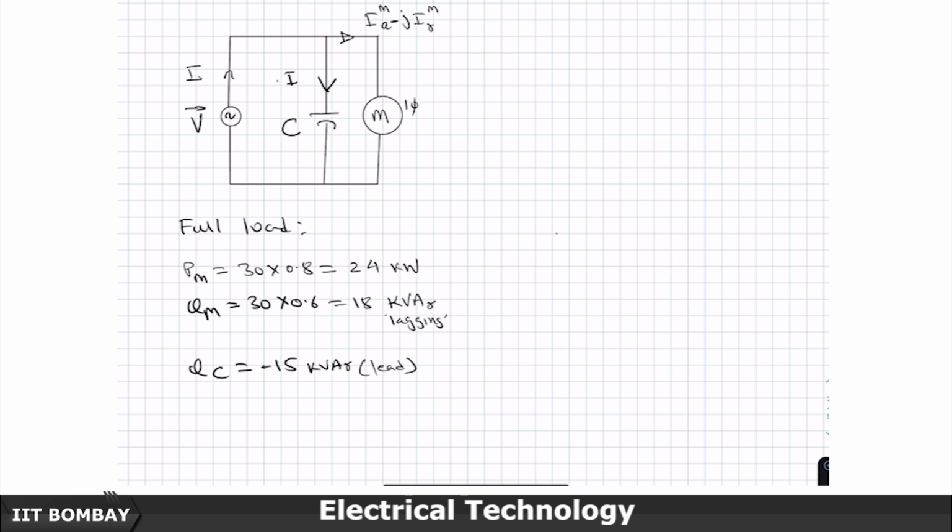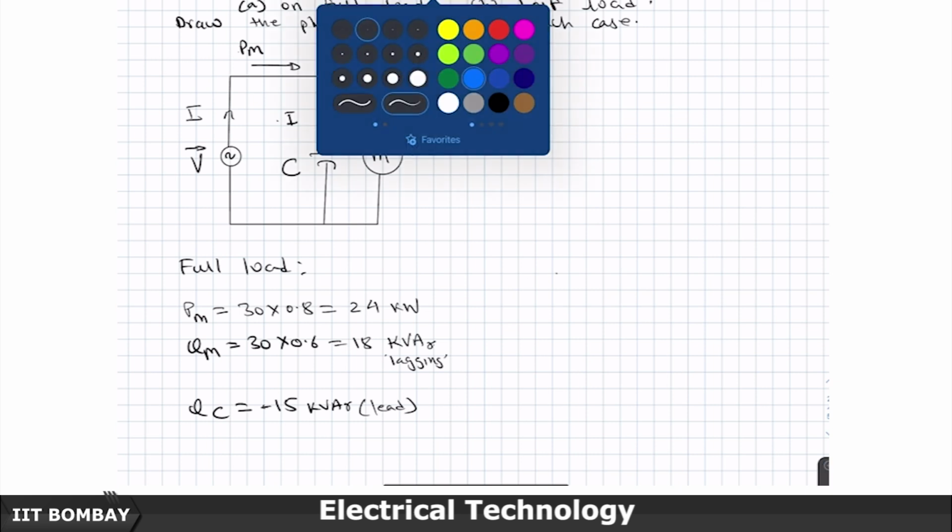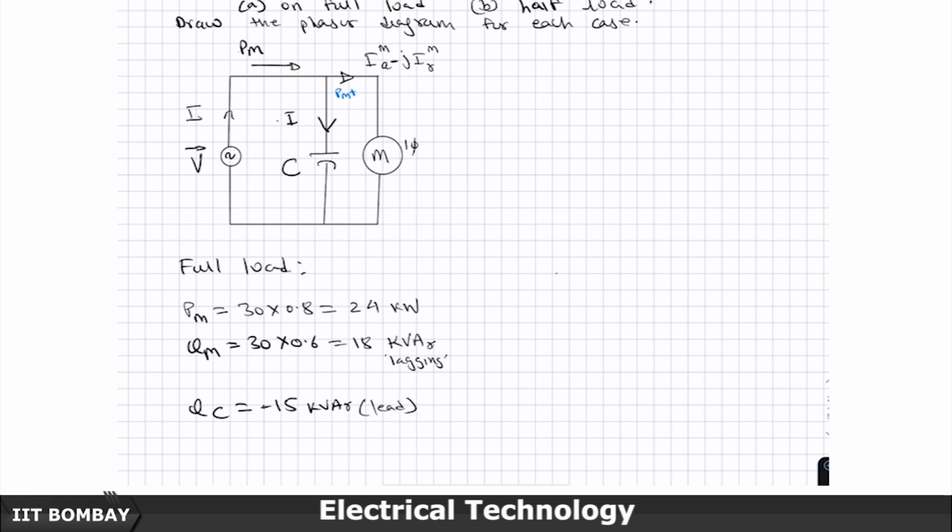So, if you look at what is being presented here, in terms of power, the capacitor does not consume any active power. Whatever is the PM is coming, and the motor is consuming PM plus jQM, and the capacitor is generating QC, so I am writing it as minus jQC.